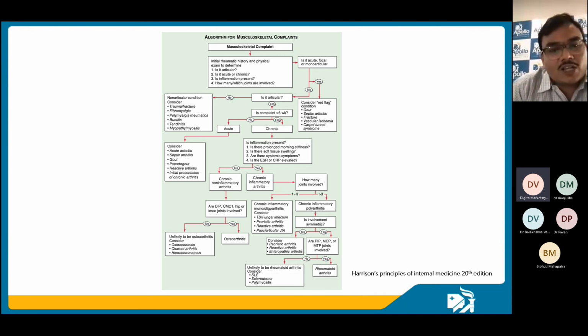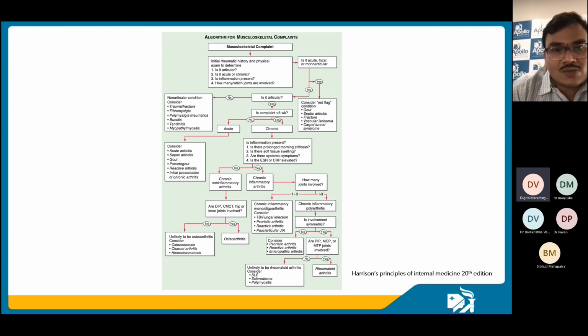If it is chronic arthritis, we have to ask for signs of inflammation. If there is prolonged signs of inflammation like morning stiffness, and is there tissue swelling, are there systemic symptoms, or is there a presence of extra-articular symptoms, and what is the value of ESR, CRP.